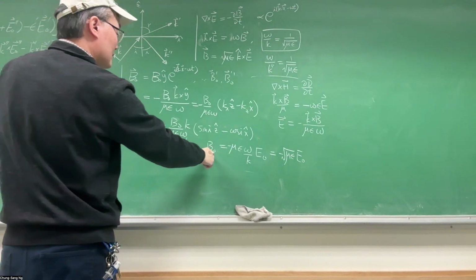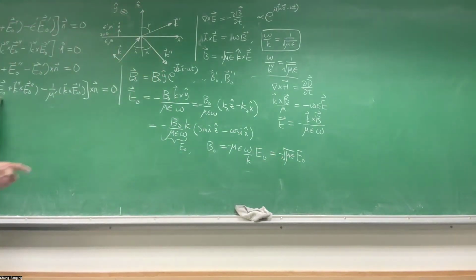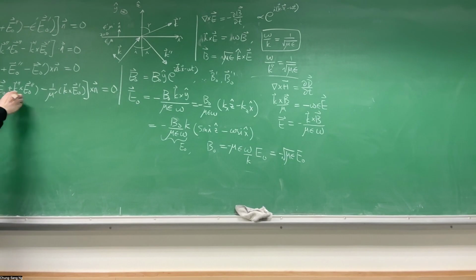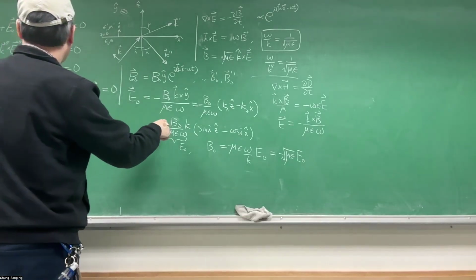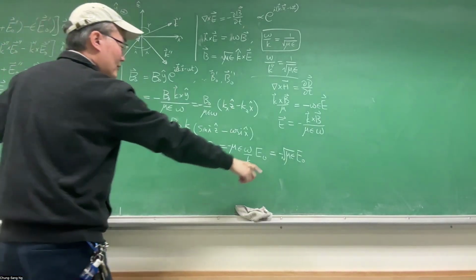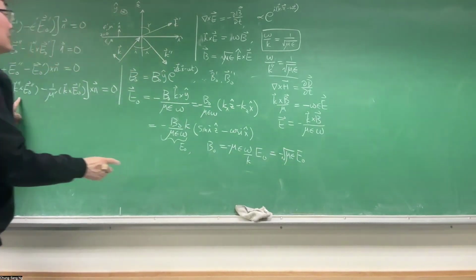Is B0, which is this one, and then you divide it by mu, so minus, and you get back to the same. And both are in the same medium. This one will give you a B0 double prime, and B0 double prime will relate to E0 double prime.